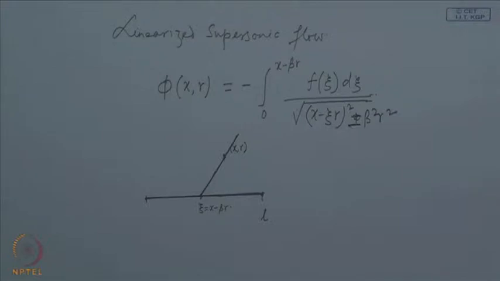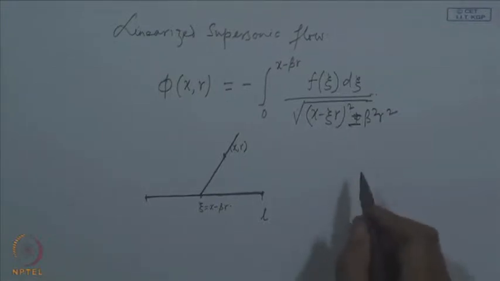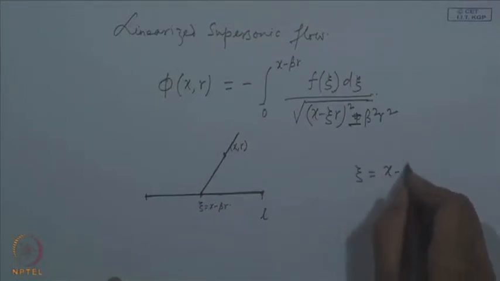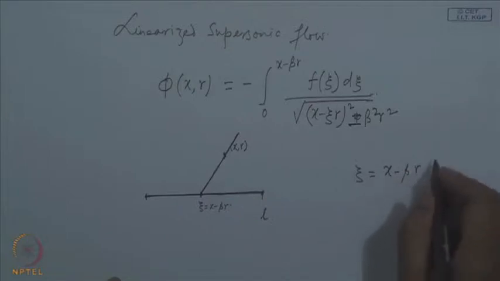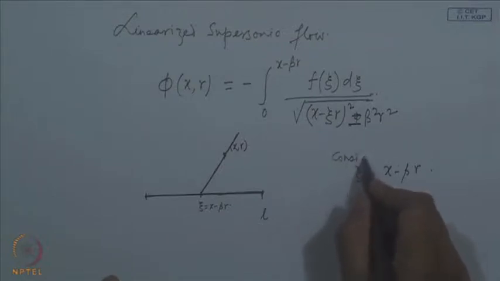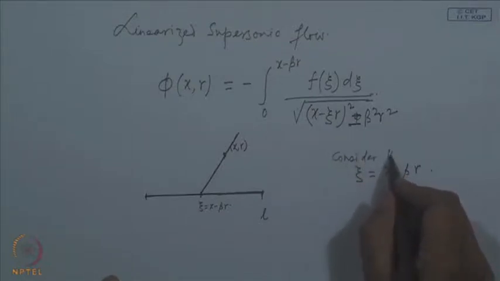Now, if we consider this xi equal to x minus beta r, consider this line.